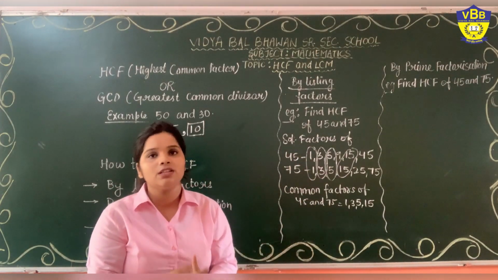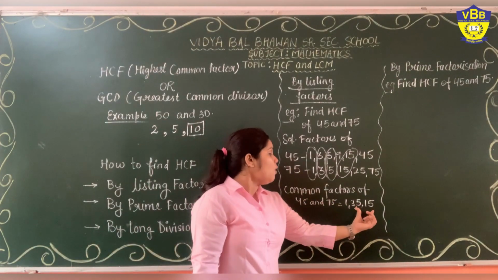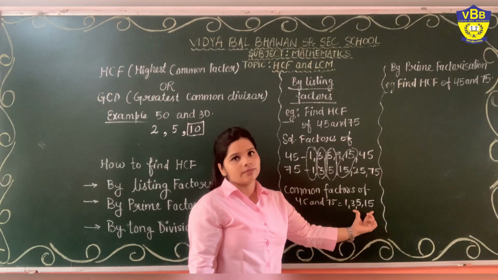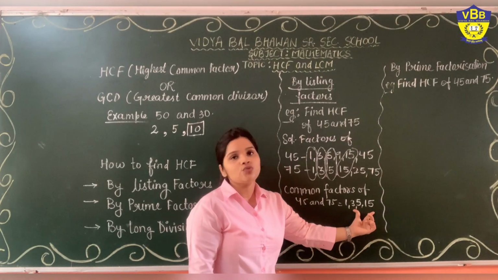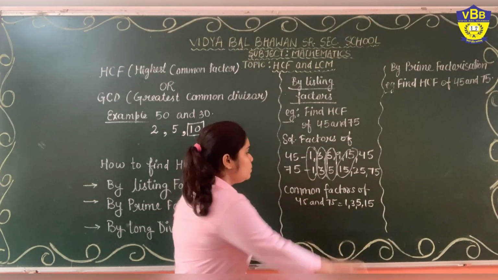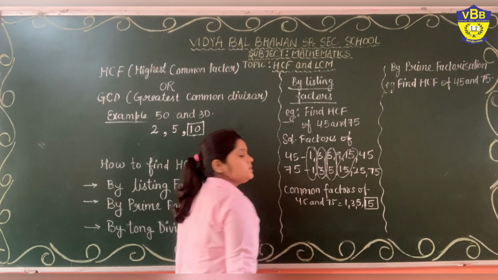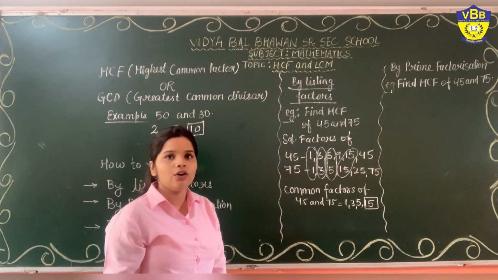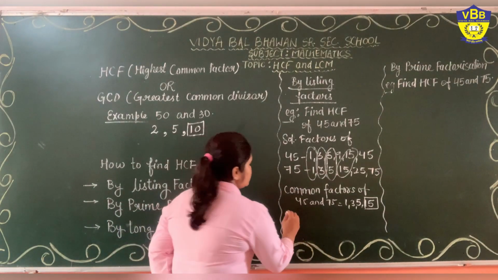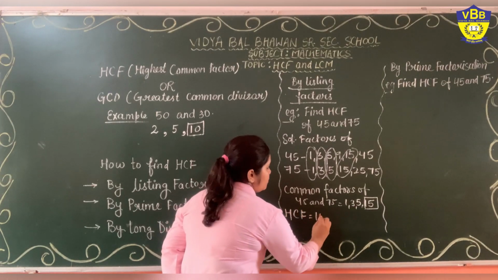Just one extra step to find HCF: look at all the common factors and find which one is the highest or the greatest factor. 1, 3, 5 and 15. Out of these four numbers, 15 is the greatest factor. So the highest common factor is 15.